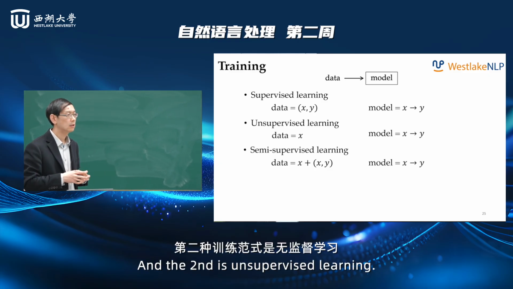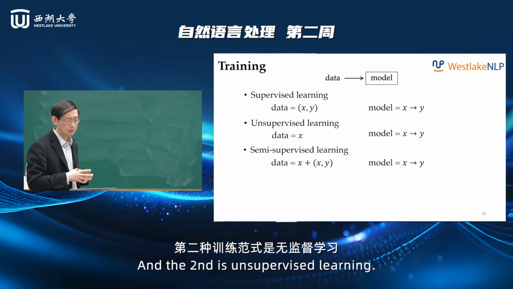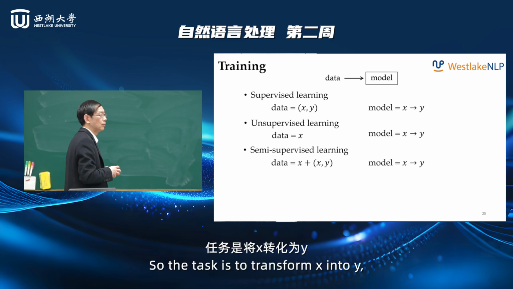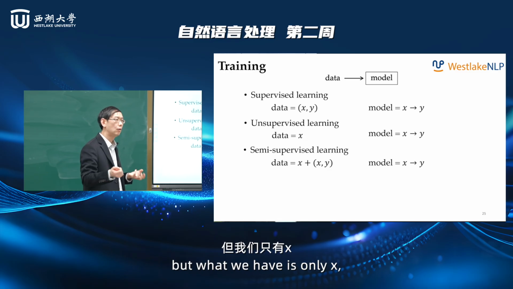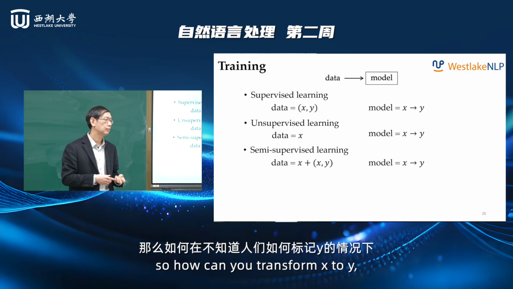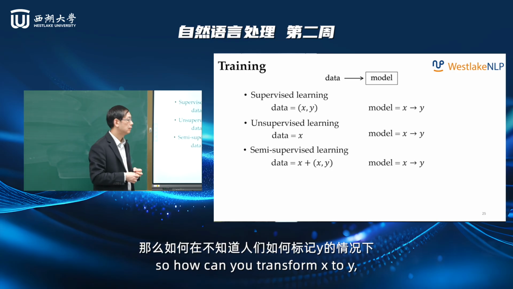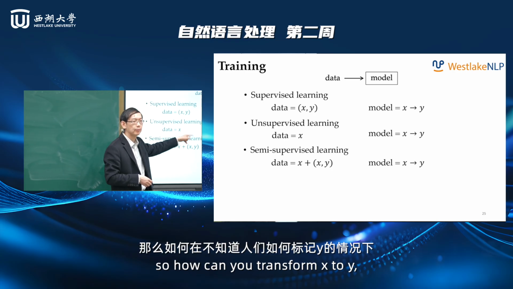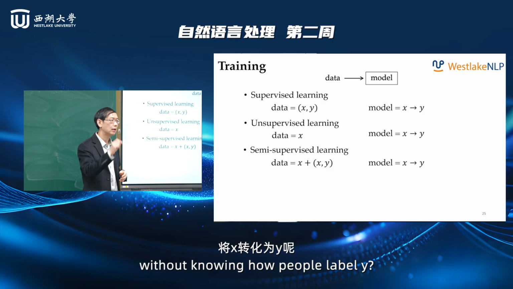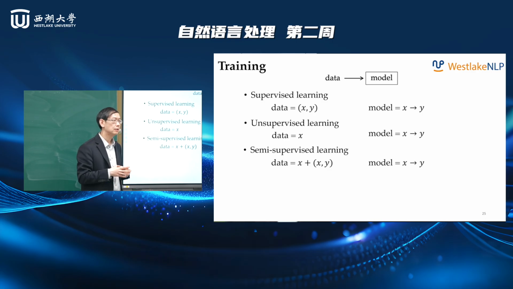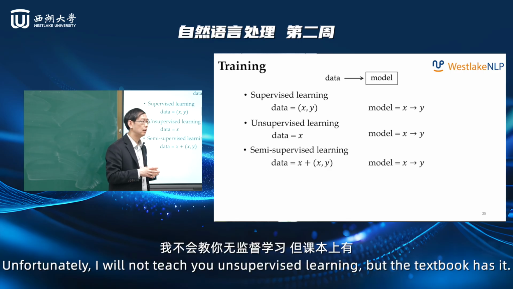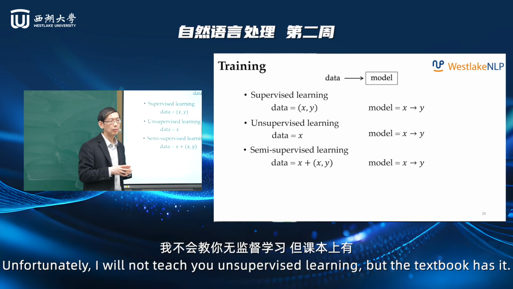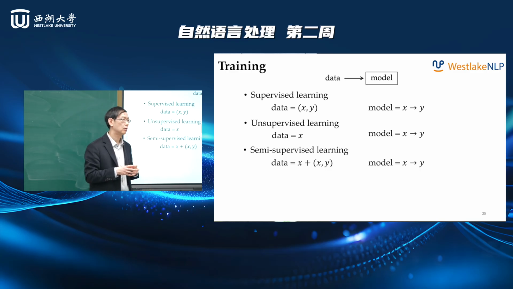And the second is unsupervised learning. So the task is to transform x into y, but what we have is only x, okay? So how can you transform x into y without knowing how people label y? This is called unsupervised learning. Unfortunately, I will not teach you unsupervised learning, but the textbook has it, okay?